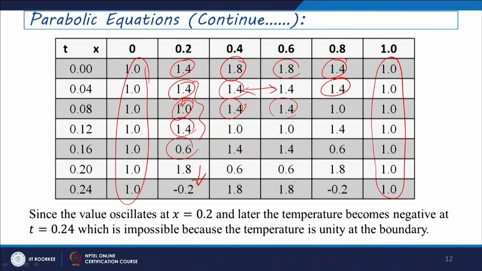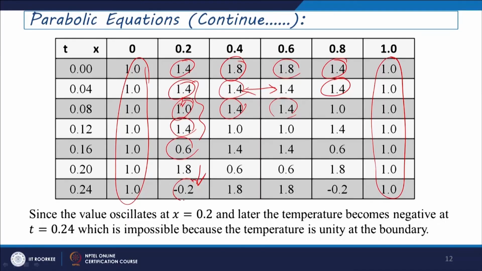Negative level means, since we are supplying heat from the boundaries, the core temperature cannot go down to a negative value. In common sense, if you take a water pot and supply heat along the boundaries, the water will be getting heated, and along the core section the temperature will grow up, it will never go down.